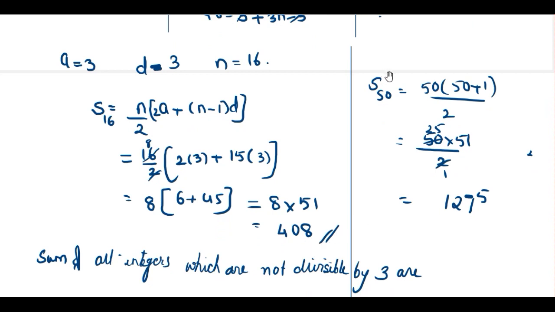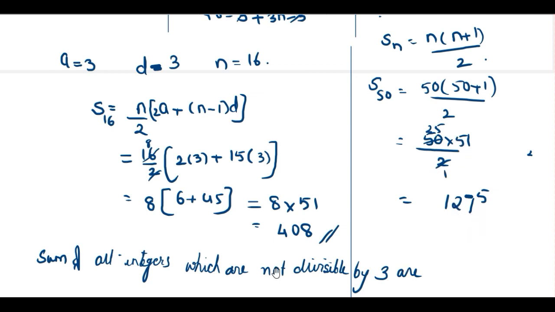Now, what do we need to find? We need to find the sum of all integers which are not divisible by 3. For that, we will find the sum of all the integers up to 50 and then subtract the sum of the 16 integers which are divisible by 3. How do you get the sum of the first 50 integers? The formula is n into n plus 1 by 2. Here n is 50, so 50 into 51 divided by 2 gives us 1275.